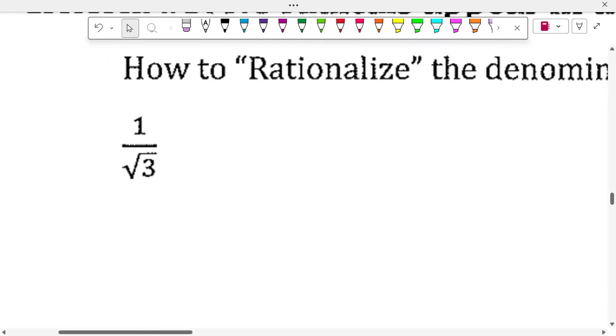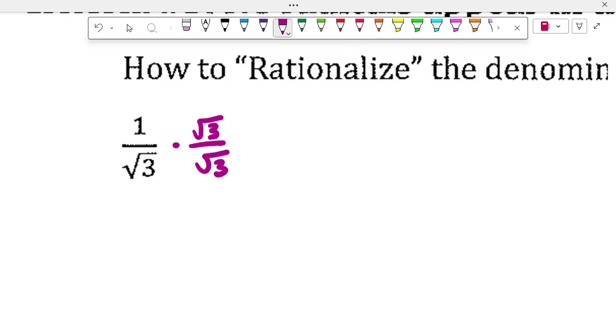So this one, what do I do? Right, square root of 3 over the square root of 3. So what's 1 times the square root of 3? Square root of 3. What's the square root of 3 times the square root of 3?